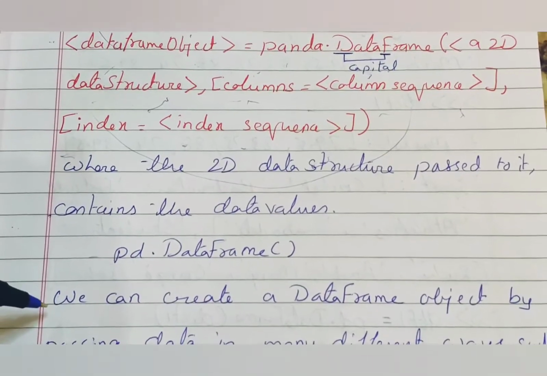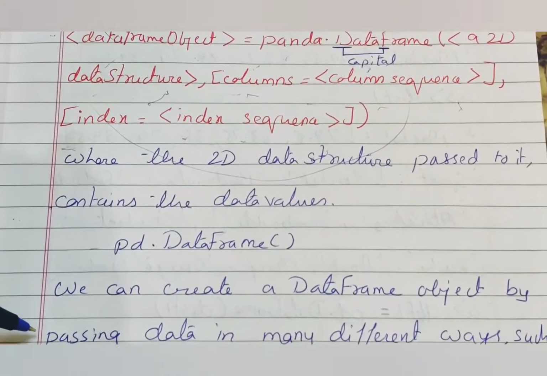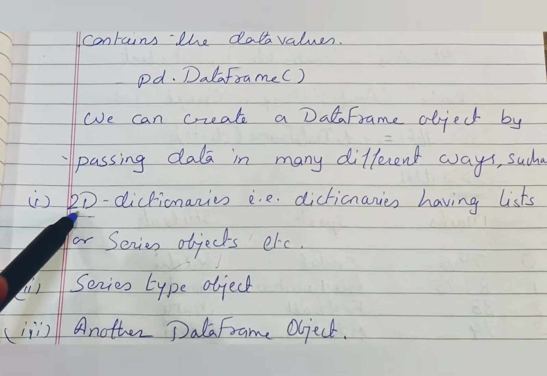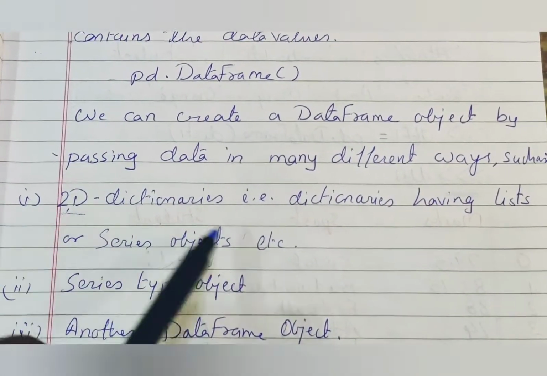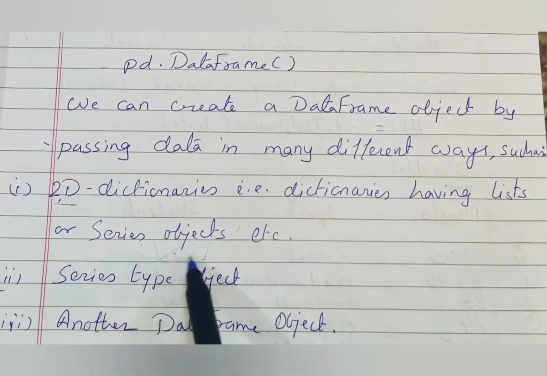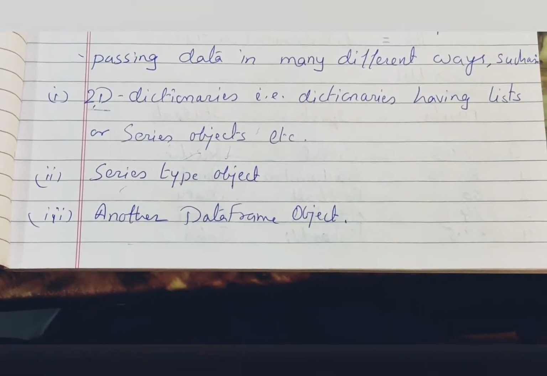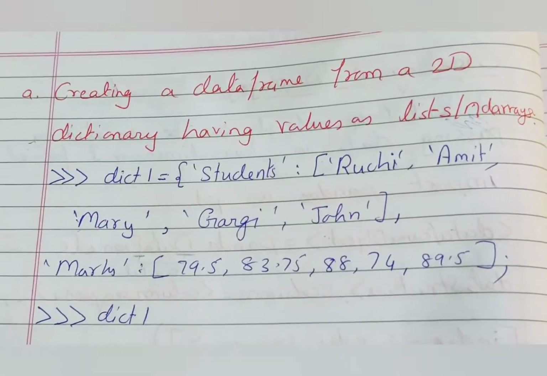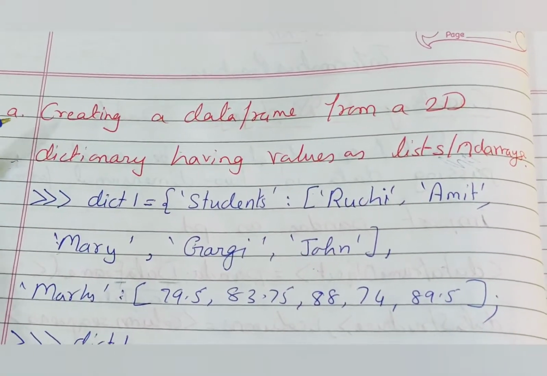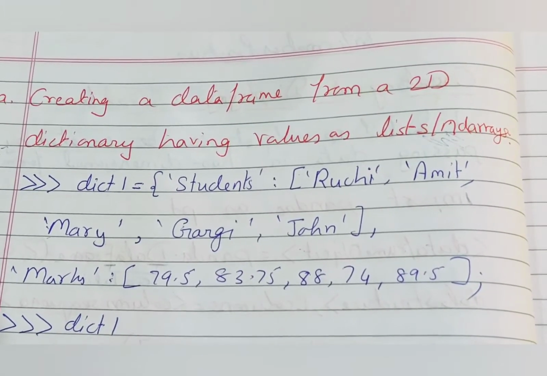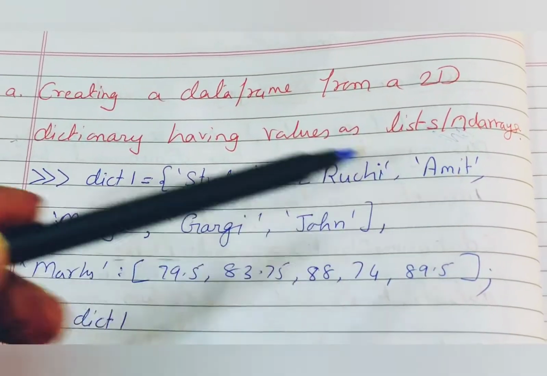We can create a data frame object by passing data in many different ways, such as two-dimensional dictionaries, dictionaries having list or series objects, series type object, another data frame object. Creating a data frame from a two-dimensional dictionary having values as list, or we can say ndarray.